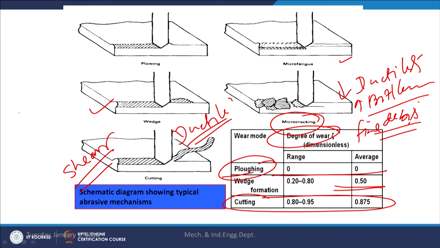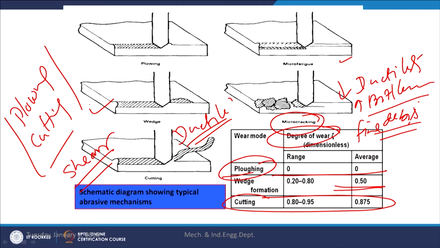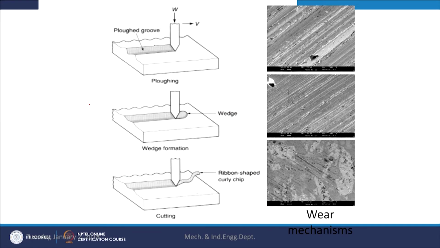So, the ploughing and the cutting, these are the two extreme mechanisms which we will see how these will be varying with the variation in the hardness of the material. So, this is how we can say whenever the material is subjected to the ploughing, then it leads to the displacement of the material sidewise and it forms the wedge like this.